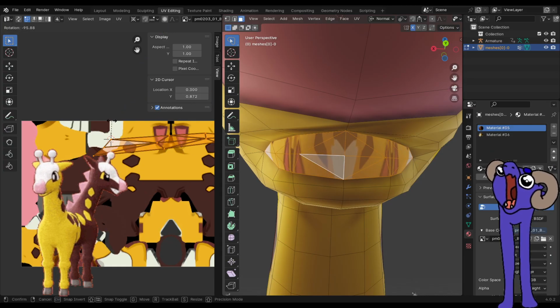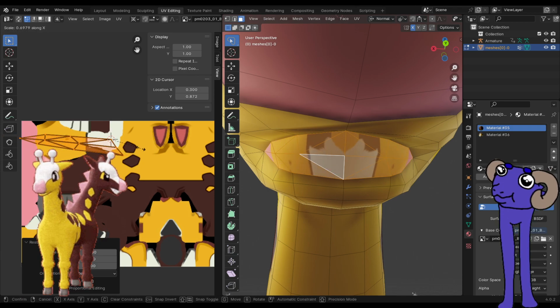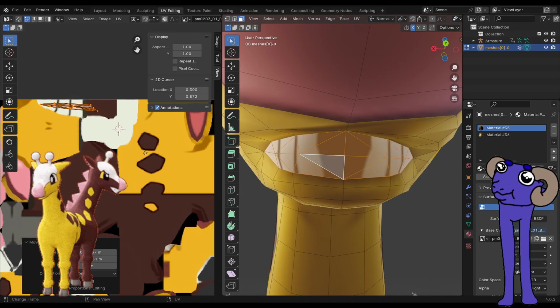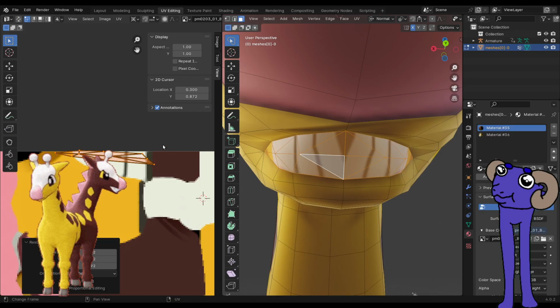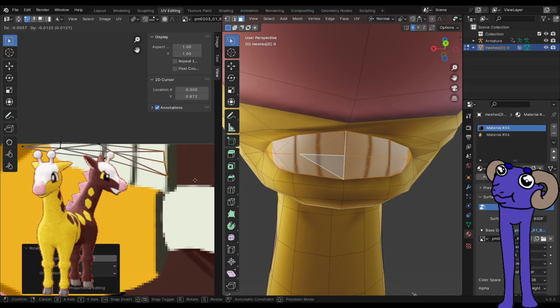Now we want to select everything. Flip it. Make it smaller. We're probably still going to need to do some tweaking to this because it is not exactly pulled up in a good way.